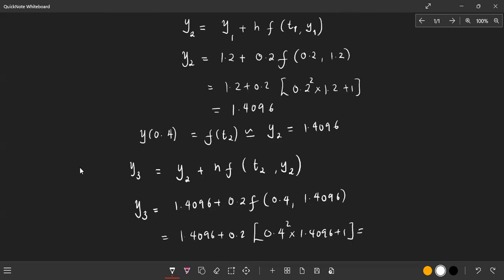And if you do that, you must be able to get the value of y3 equal to 1.6547072. So that's the value of y3.